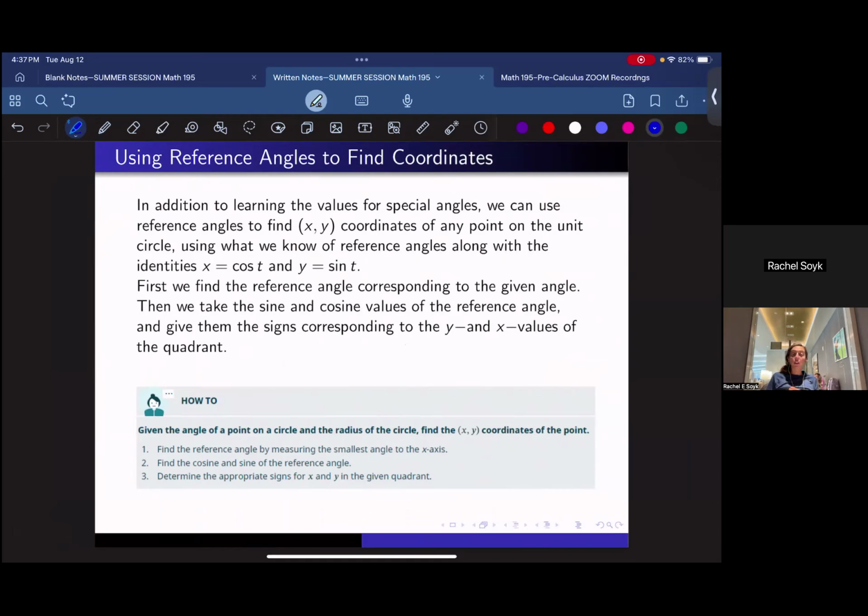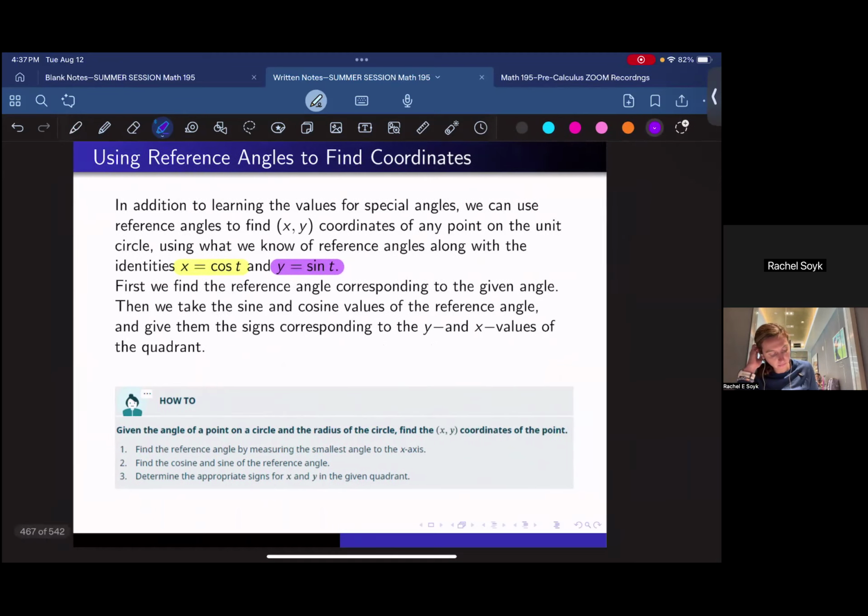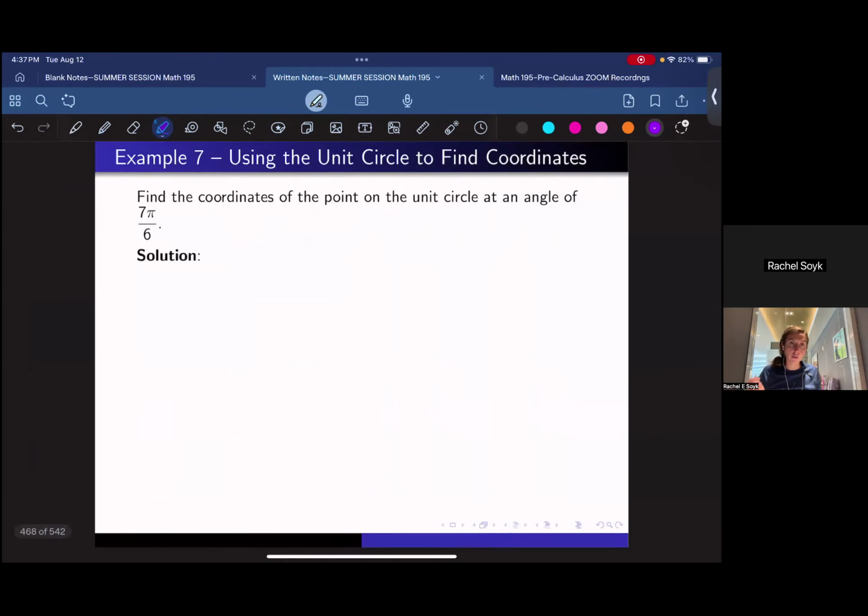Now we're going to use our reference angles to find coordinates, really using that polar coordinate conversion of x equals cosine of t and y equals sine of t. In our example 7, we want to find the coordinates of the point on the unit circle at this angle.